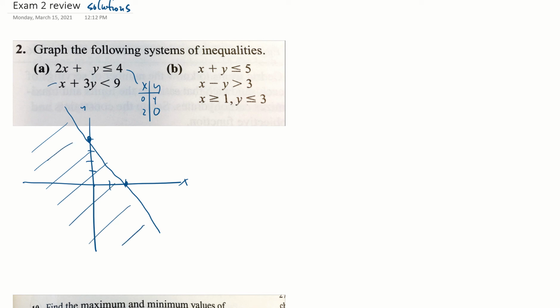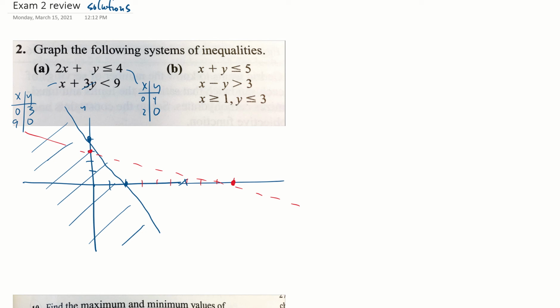Now on this one, I'll do the same thing. If x is 0, y is 3, and if y is 0, x is 9. So that's going to be this guy here, 0, 3, and 1, 2, 3, 4, 5, 6, 7, 8, 9. And since it doesn't equal 9, it doesn't include the line, so it's going to be a dotted line.